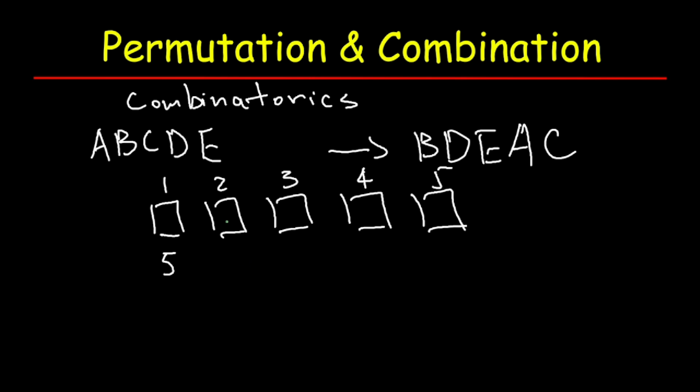Then for the second place, how many different ways can the people finish in first and second? Well, since we already placed someone at first, that person can't go in second place again. But the remaining 4 people still can. So we put the 4 here. So there's 4 ways for someone to finish second.